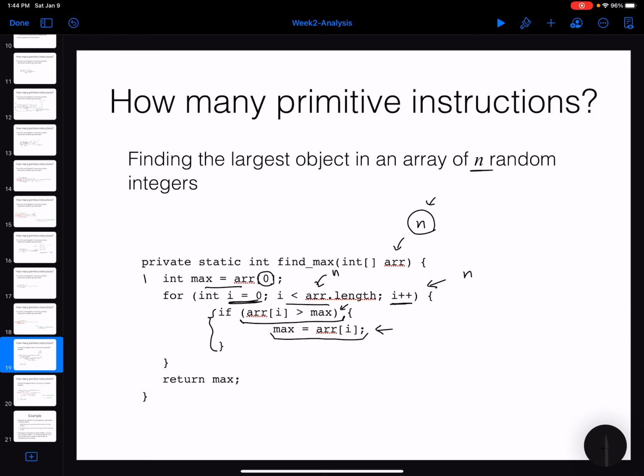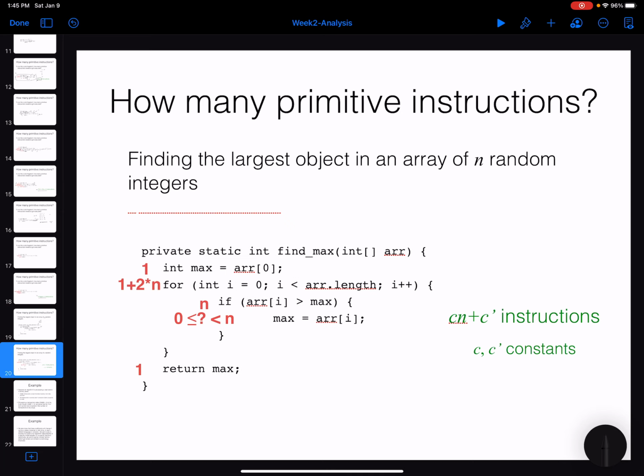I don't know how many times this line will be executed, right? It will depend on the input. It is going to be executed something between 0 and n. If the maximum item is at index 0, this line will never get executed, right? So it will be executed between 0 and n times.